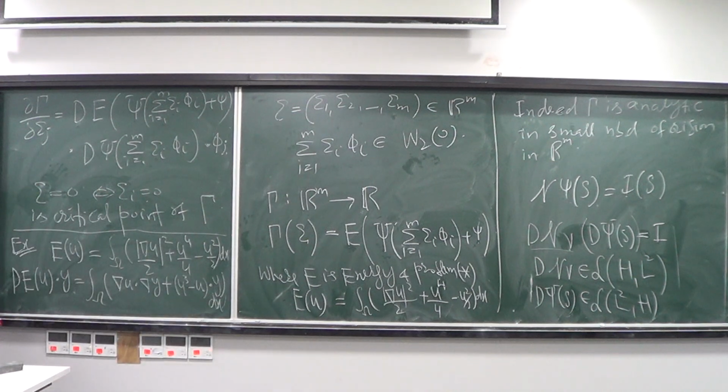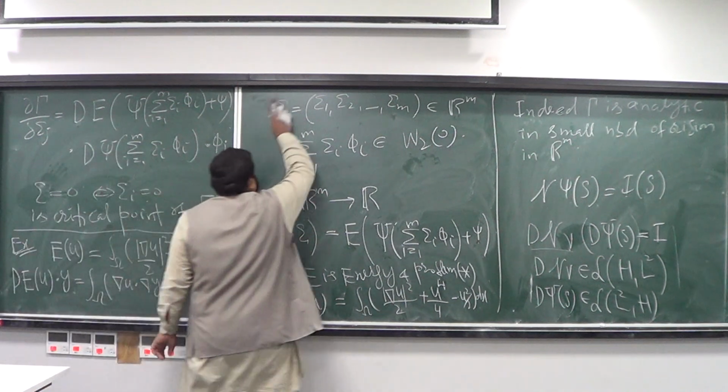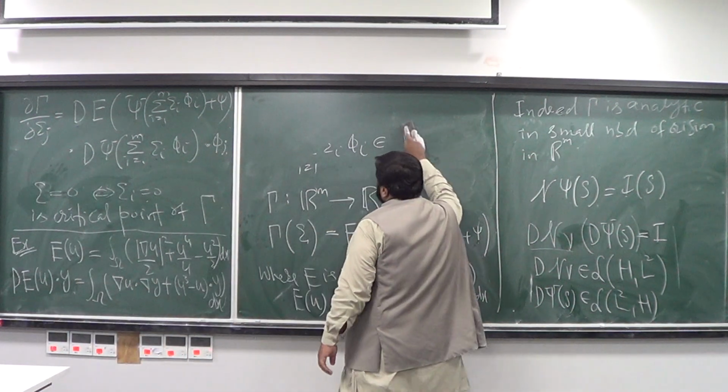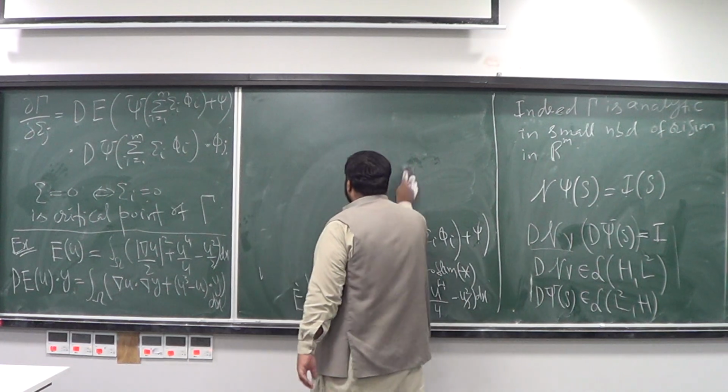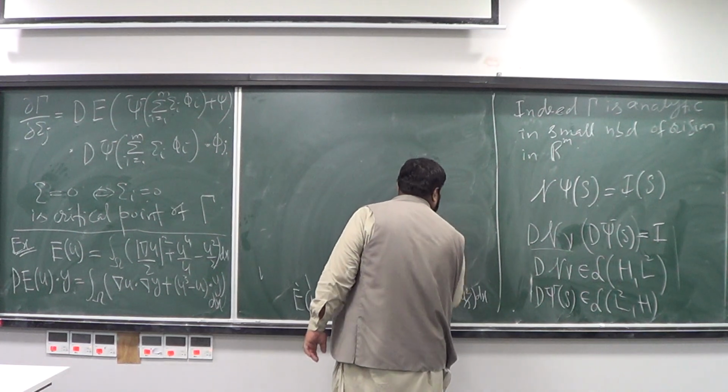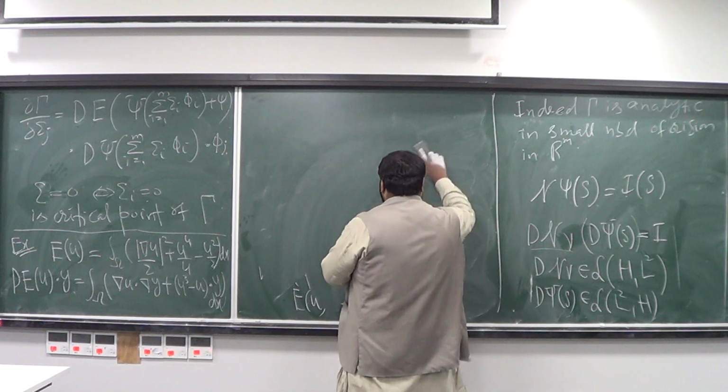Okay, so your task is to take this and show that this is really the Fresher derivative of e of u operated onto some y. And if you can prove this, then it is also easy to deduce actually.